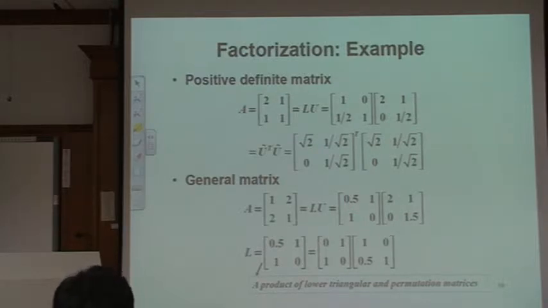Because if it were a lower triangular matrix, this term should not be 1, it should be 0, and you would probably have another non-zero term here. So this is actually not a real LU decomposition, but it still looks similar. If you pull out this matrix and rewrite it in this form, we get another lower triangular matrix times what is called a permutation matrix. This matrix is called a permutation matrix.